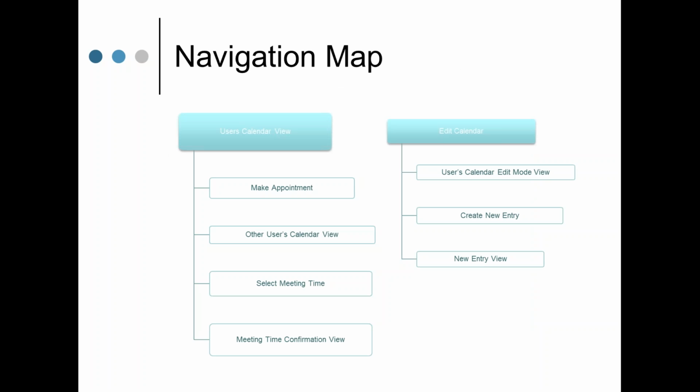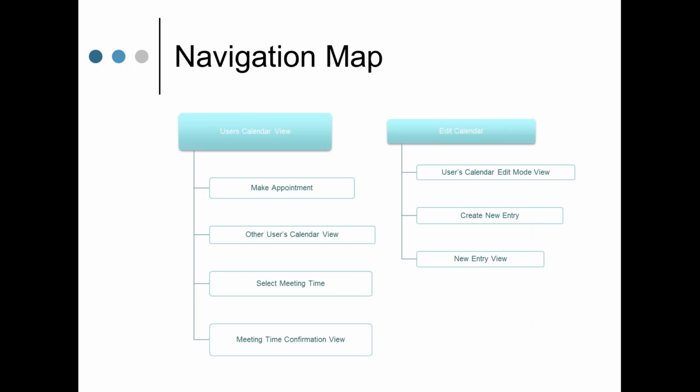We also come up with navigation maps. So here we're looking at the user's calendar view. And if you're looking at the user's calendar view, you can make appointments. You can look at the other user's calendar. You can select meeting times, and then that meeting time confirmation view as well. You can also edit the calendar.